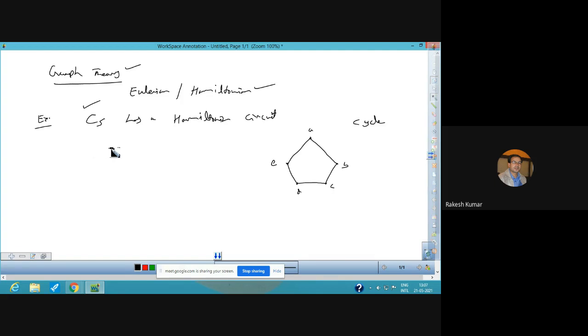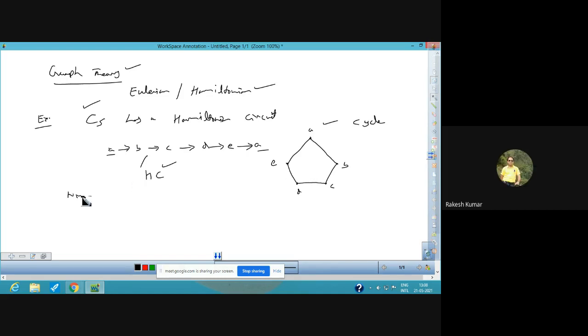Now it has A to B, B to C, C to D, D to E, and E to A. We have this path, and you just see all the vertices have been used once, and no vertex has been repeated except the initial and terminal vertex. So this is the definition of a Hamiltonian circuit. So it means this graph contains a Hamiltonian circuit.